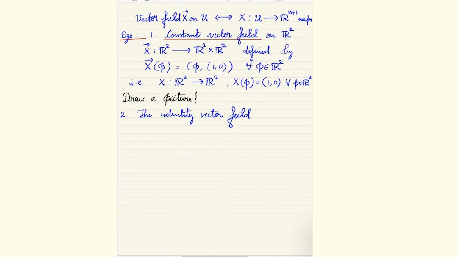Because these are the first times we are seeing these things, or at least that I'm mentioning them to you, I'll write both the vector field and the function separately. So again on R2, how is it defined?